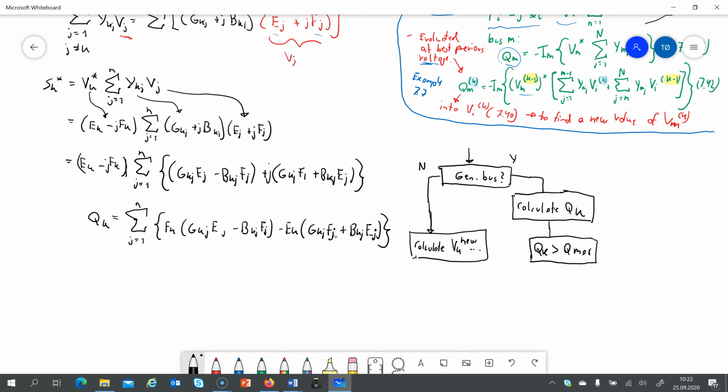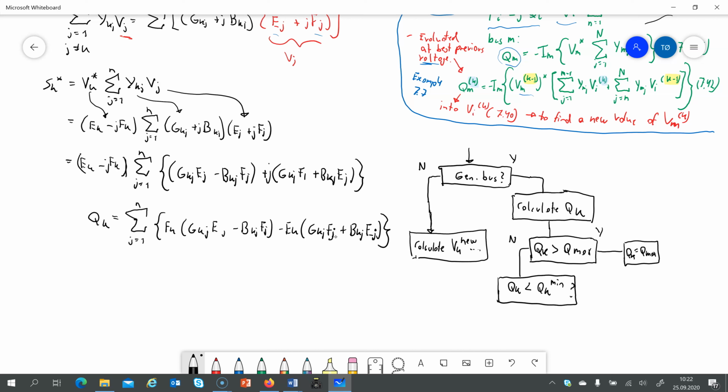If yes, we say that Q_K equals Q max, like this. And if no, then the next question is whether Q_K is less than Q minimum.